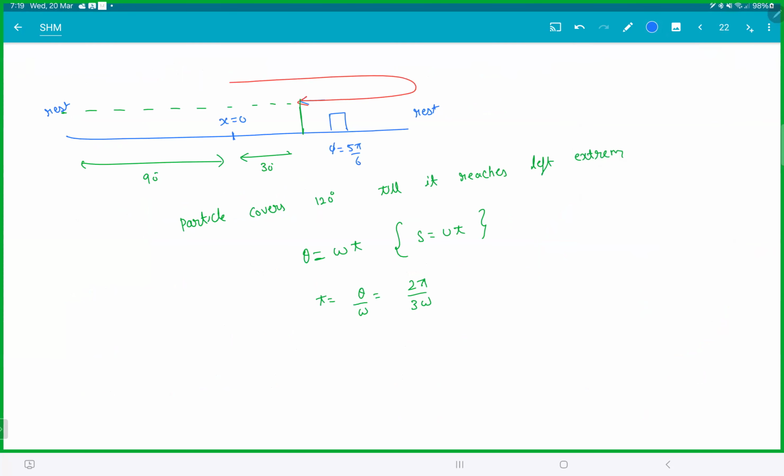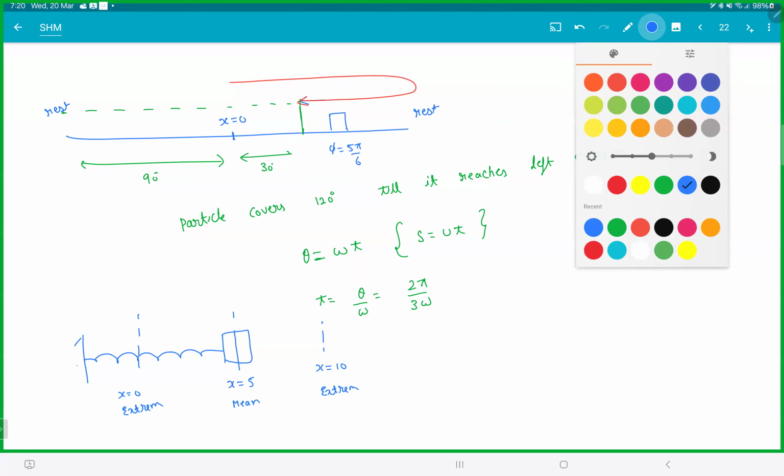Now, if you look at the whole motion, how is this looking? Just think of a spring and block. X is equal to 5 is your mean position. X is equal to 10 is an extreme position. X is equal to 0 is another extreme position. Every time you need not start from origin.